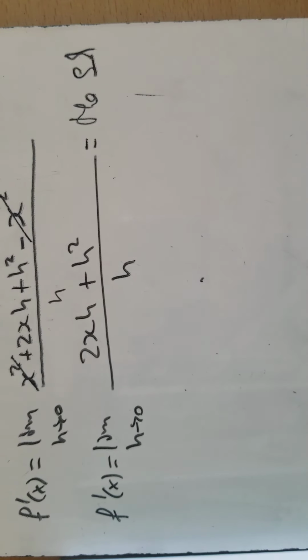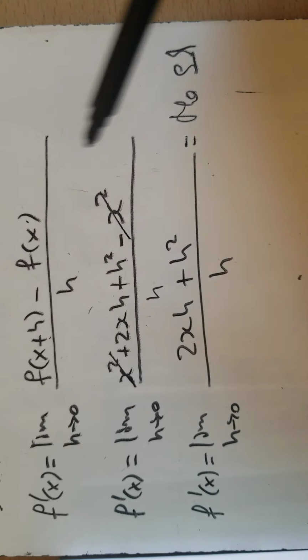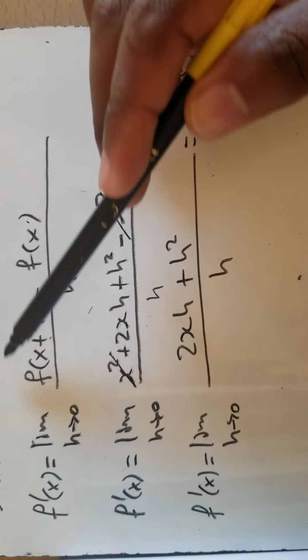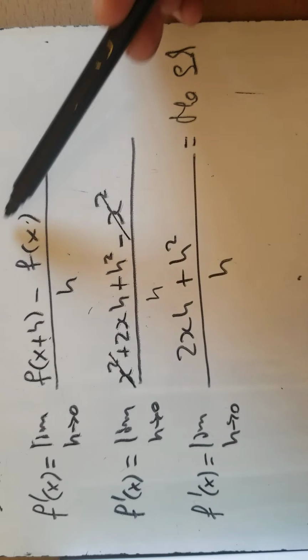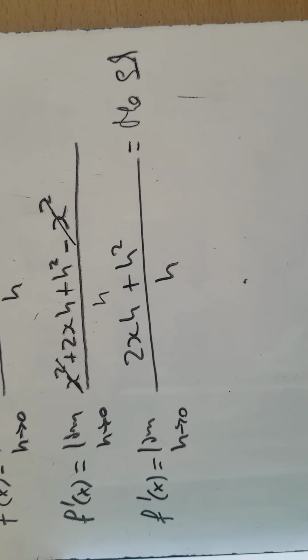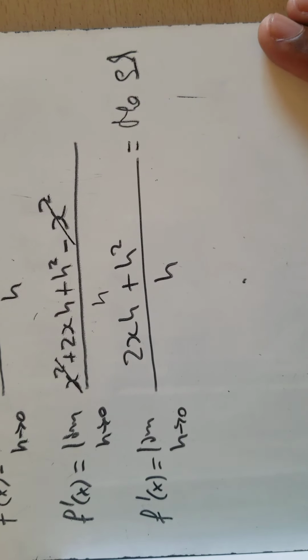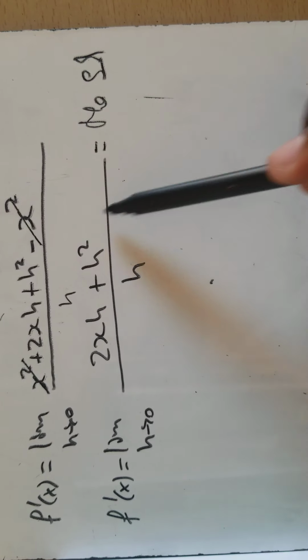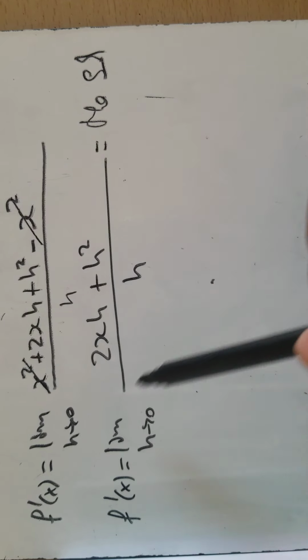So the first thing I said you should do is write down your equation. After writing down the equation, find out the value of f of x plus h, and you're already given the value of f of x. And then afterwards, I told you that there should be terms that cancel out. After terms cancel out, in the remaining part, you need to get rid of h.